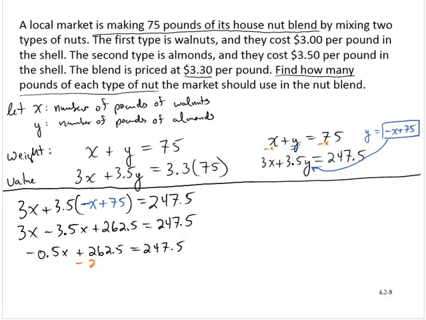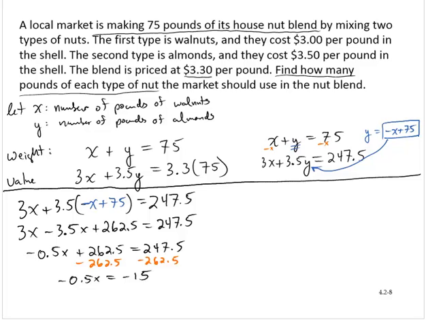We subtract the 262.5 from both sides. So 247.5 minus 262.5, negative 15. So negative 0.5x is equal to negative 15.